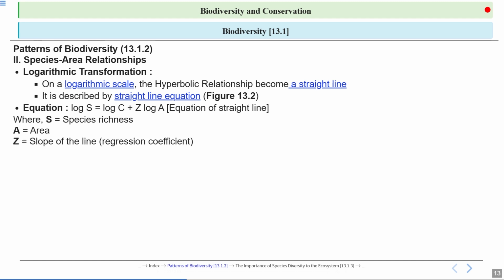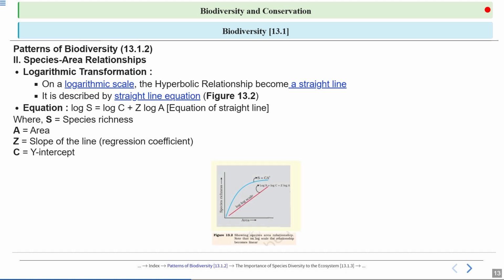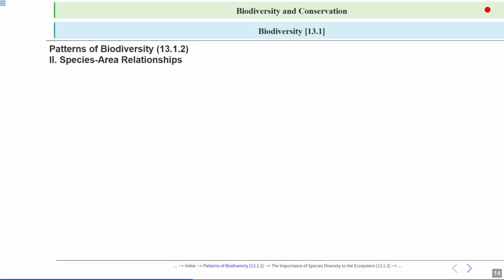Z is the slope of the line, also known as the regression coefficient. It tells us how quickly species richness increases as area increases. C is obviously the y-intercept. So again, you can see on the logarithmic scale, this relationship becomes linear. This becomes a straight line, and the equation also changes.